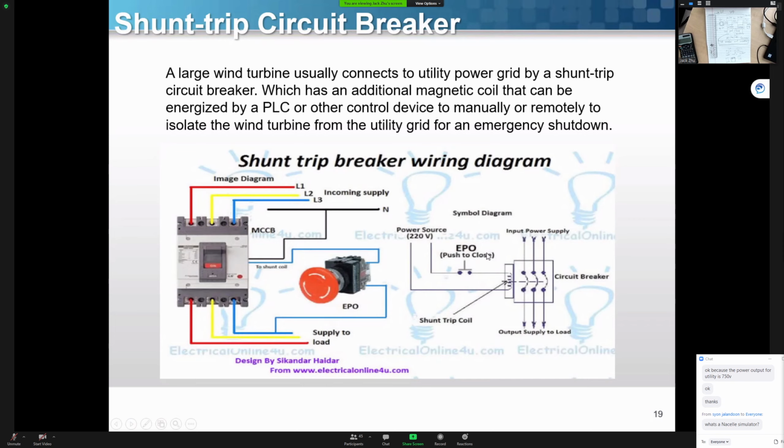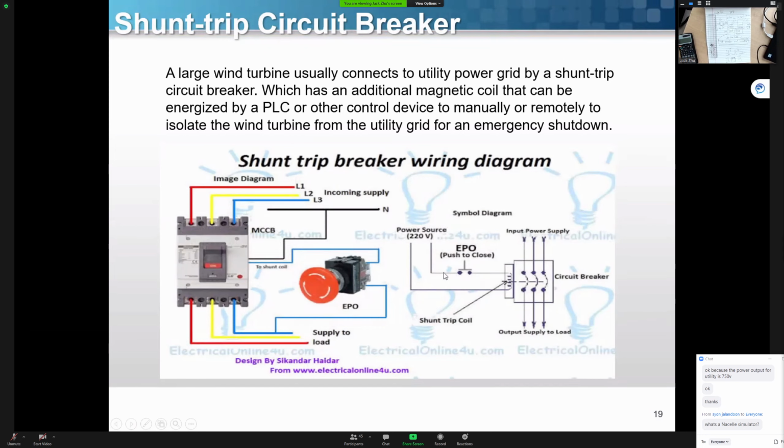utility grid. Usually those wind turbines are located at a remote area. If something goes wrong and you try to send someone there to disconnect them, it's probably going to take hours, sometimes even days.